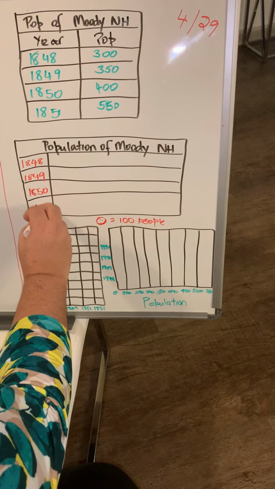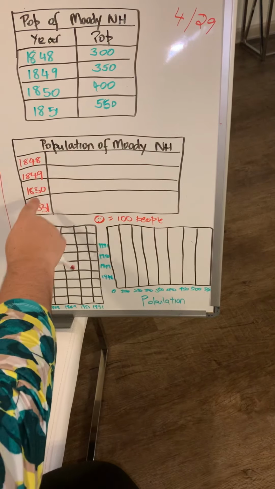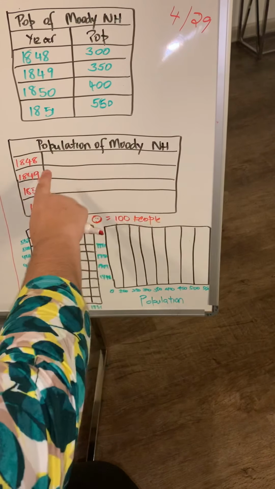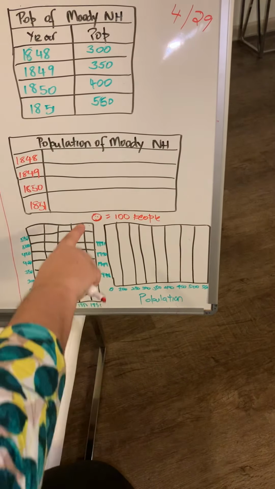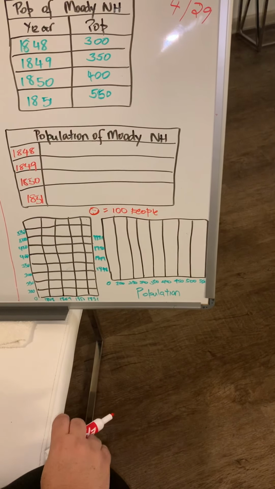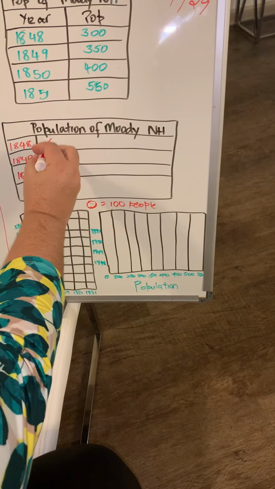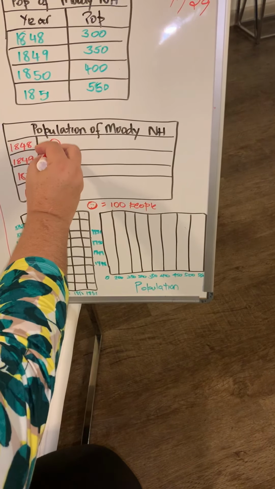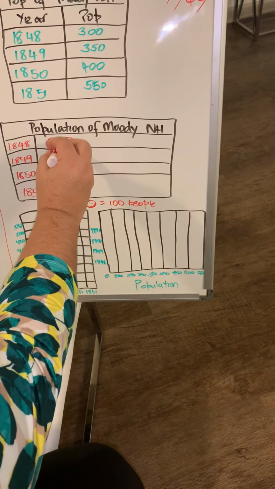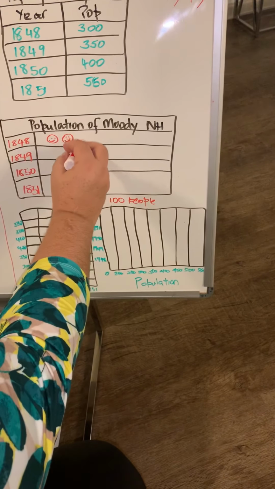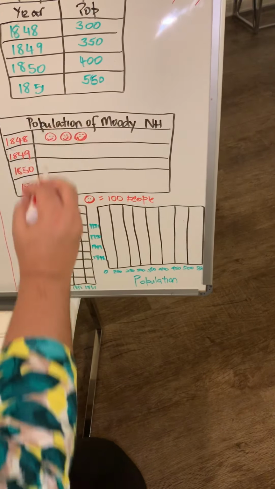So if the years are represented here, we're representing the number of people there. And if one smiley face is 100 persons, then in 1848 they had 300 people. We need one smiley face, that's 100. Two smiley faces, that's 200. Three smiley faces, that's 300.